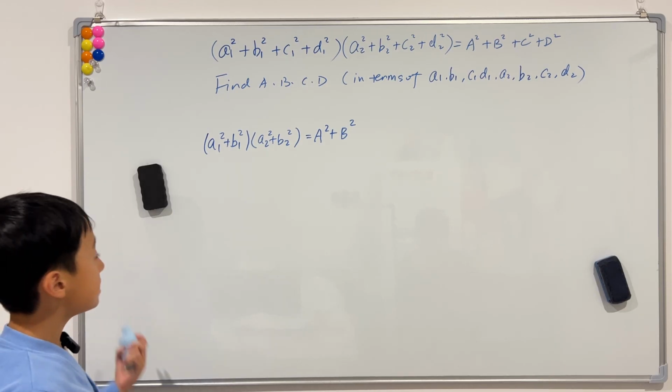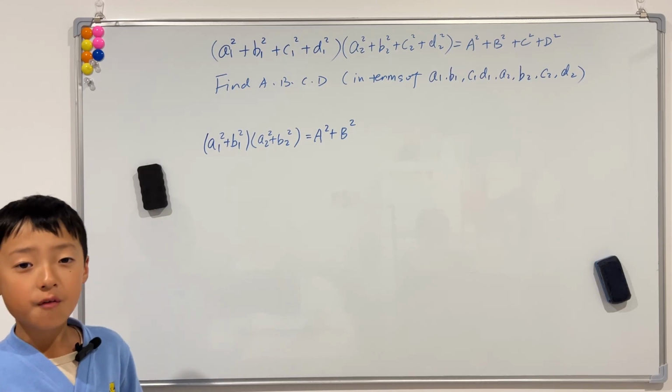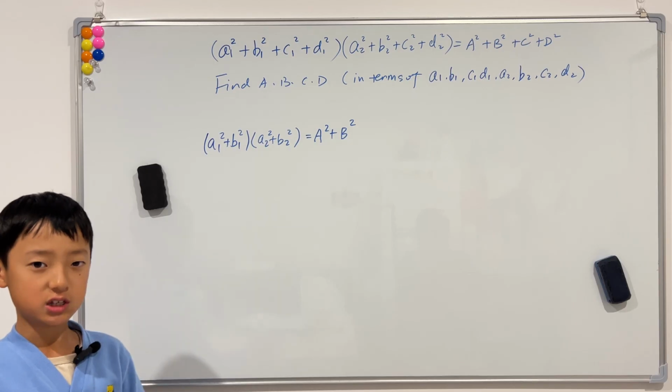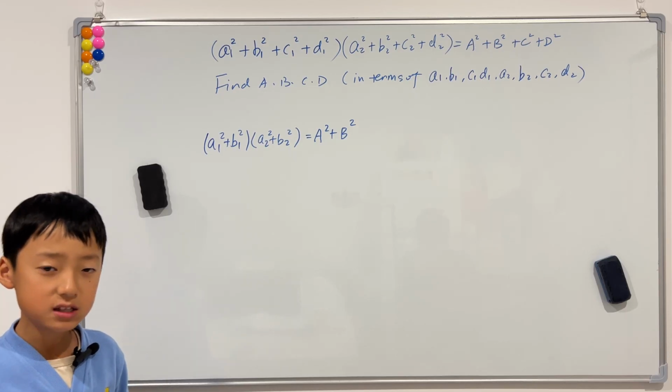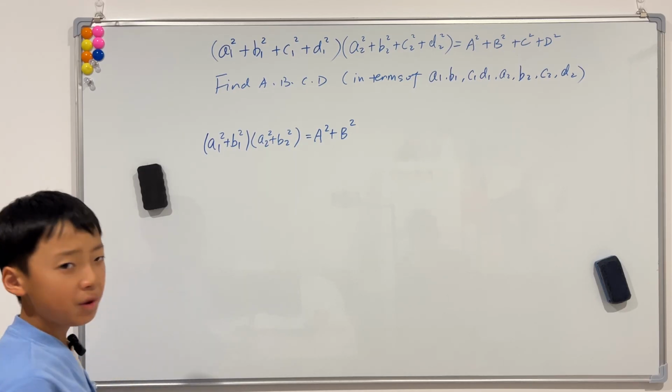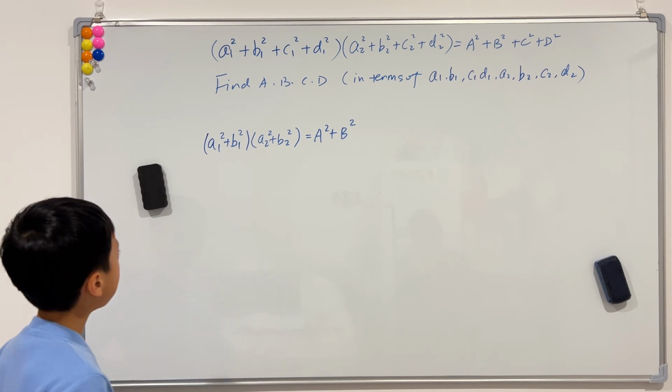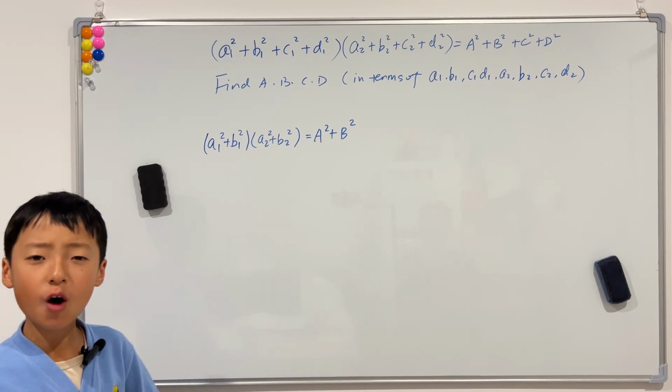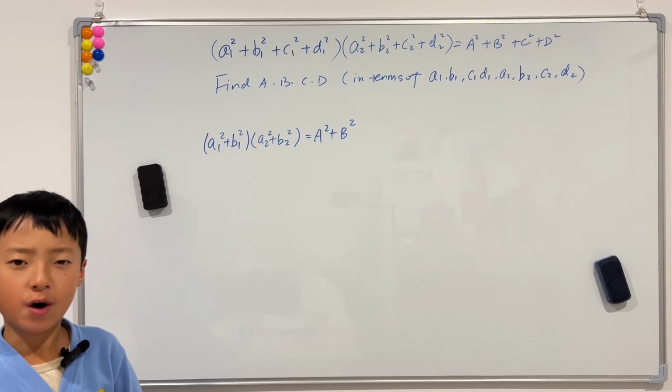Isn't this just a perfect form of a complex number? You take the modulus, then you square it, right? But which complex number? Well, of course, a1 plus b1i.